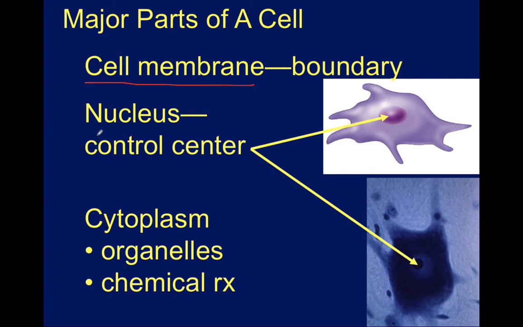We'll also find the nucleus. The nucleus is a very unique structure in our cell and can often be seen under the microscope as a very dark round circle. The nucleus is often described as our cell's control center, and that's because the nucleus contains the DNA, which is the genetic code for our cell.